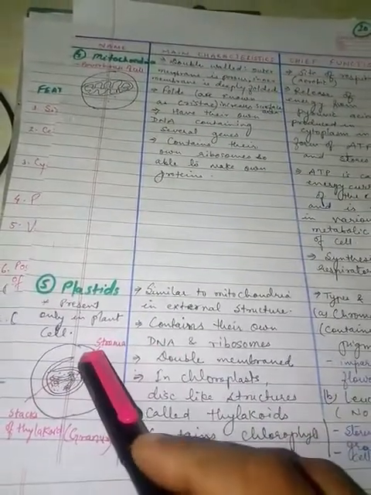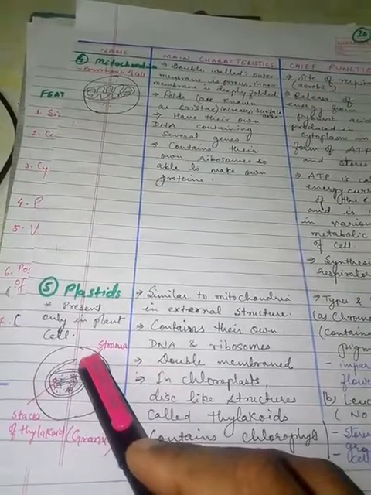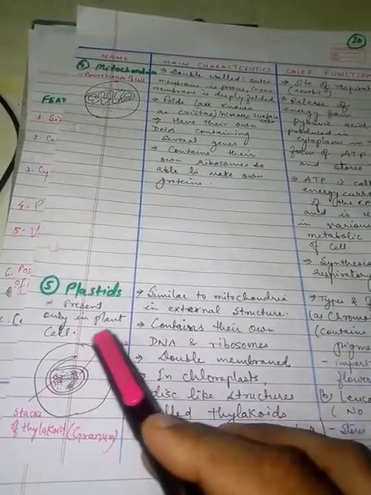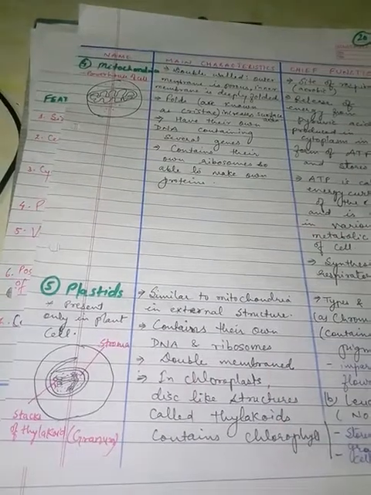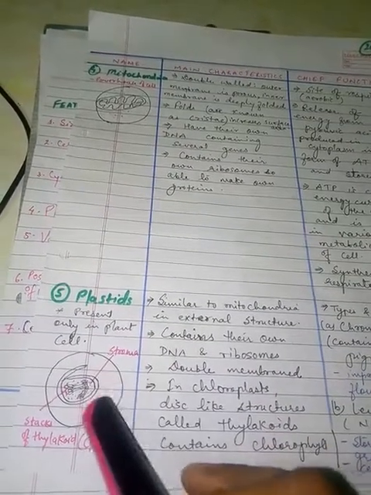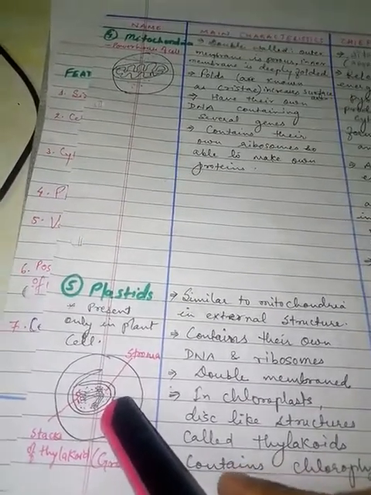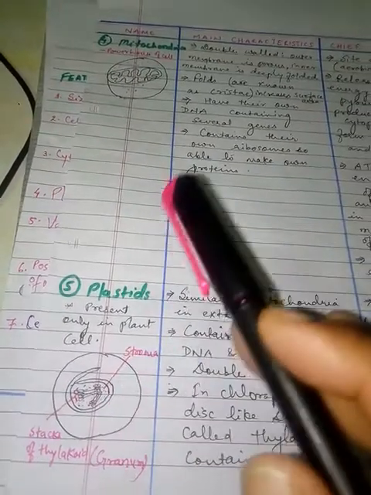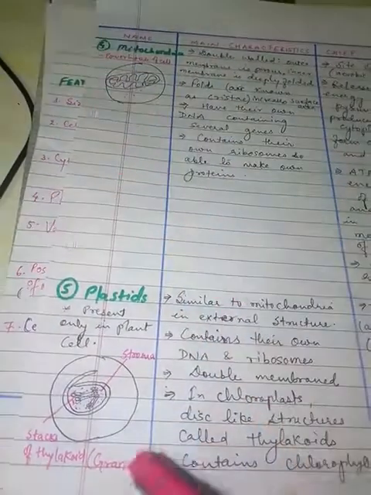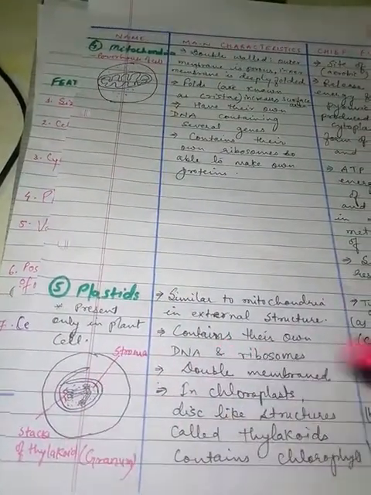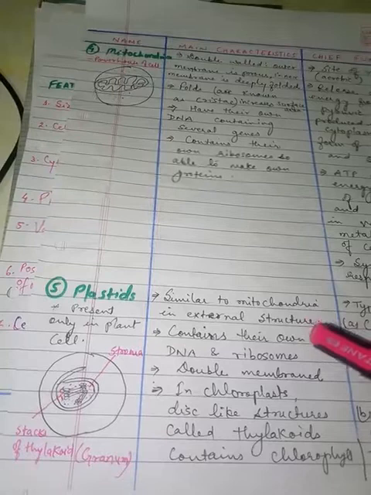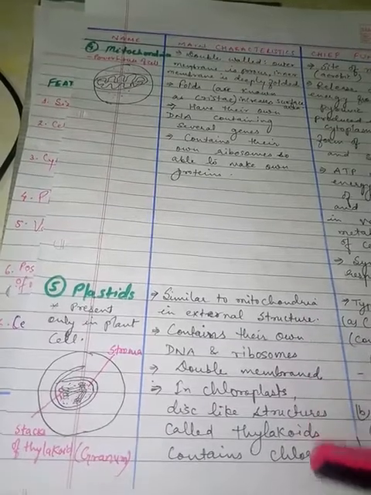Next comes the plastids. Plastids are present only in the plant cell. Now can you see here the structure of plastid? Again, it appears almost similar to the mitochondria. It is also double-walled and contains its own DNA and ribosomes.